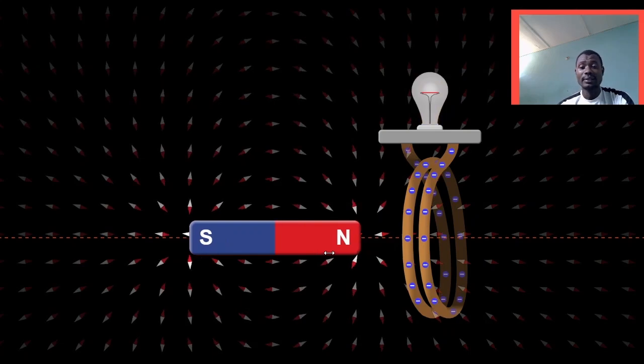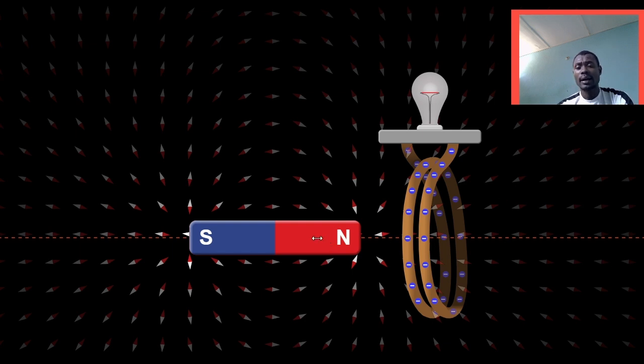Moreover, magnetic flux depends on the magnetic field, the area of the surface, and the angle between the field and the normal. That is another case entirely, but I just want to explain what I mean by electromagnetic induction.